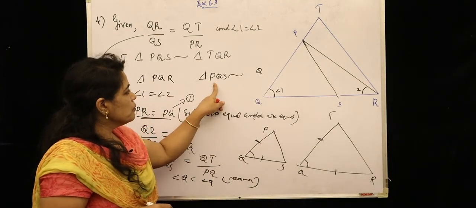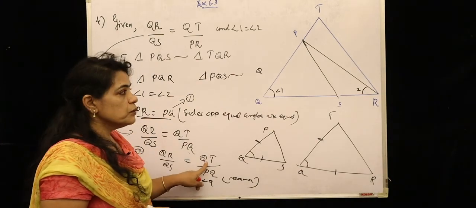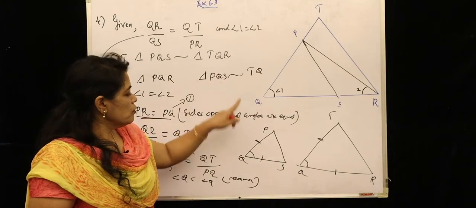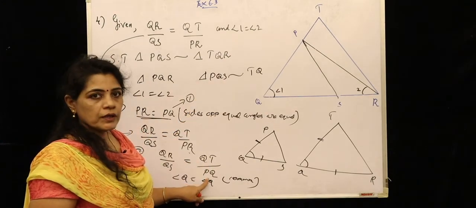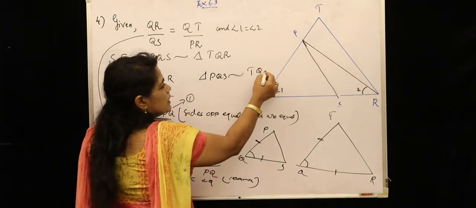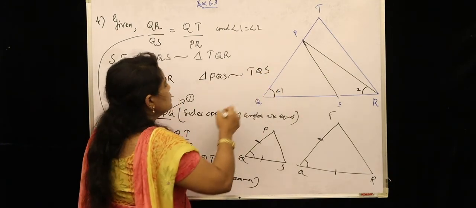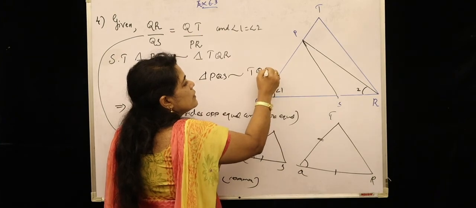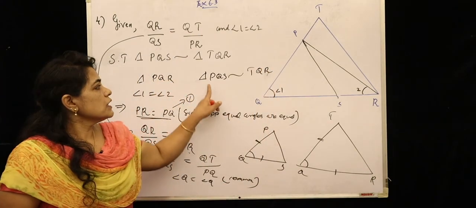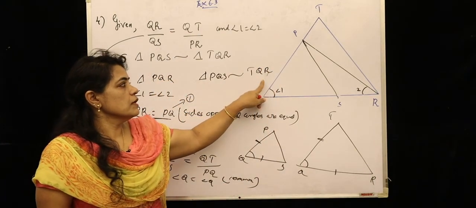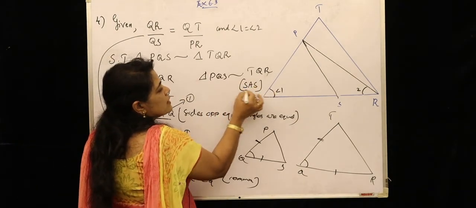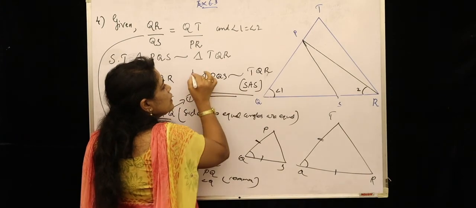And PQ, and here QT, so T should come here. Then only PQ by QT. And the remaining vertex is S and R. So triangle PQS is similar to triangle TQR under the SAS criterion. This is the required result.